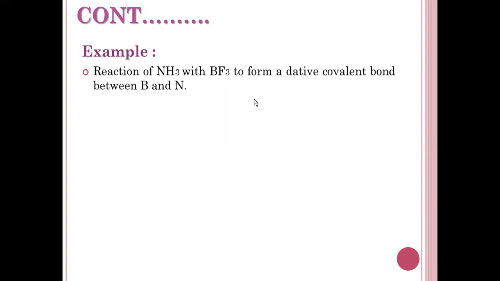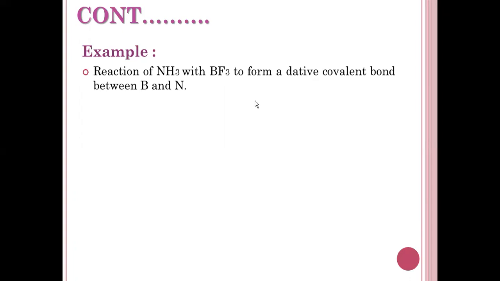Which will be the electron deficient one? Which should be the donor one? The atom with fewer than 4 valence electrons should be the electron deficient one, and it needs the lone pair.